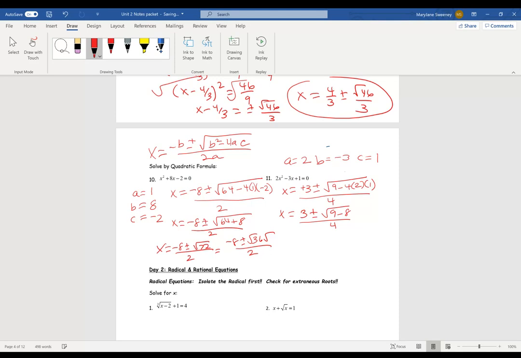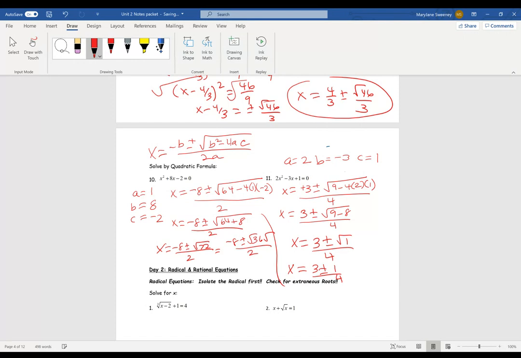This is 3 plus or minus radical 1 over 4. Now, I often see people leave that as their answer. No, that's not the answer. That's not simplified. Square root of 1 is 1.